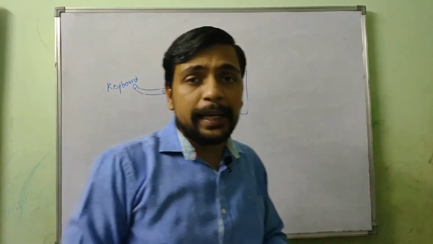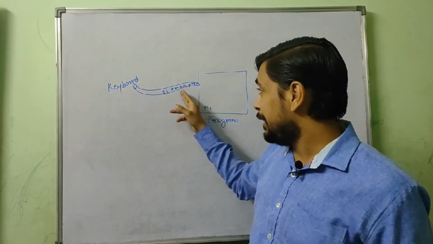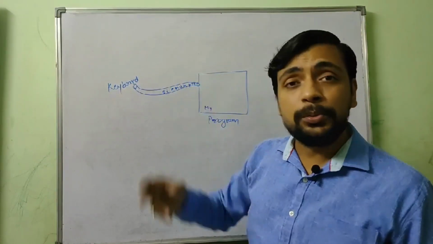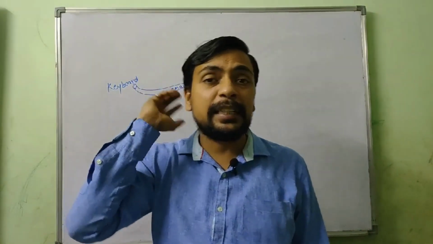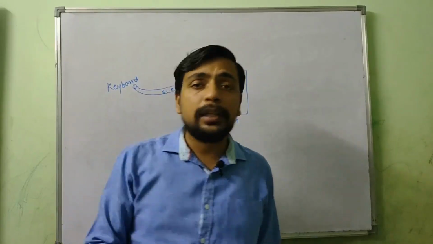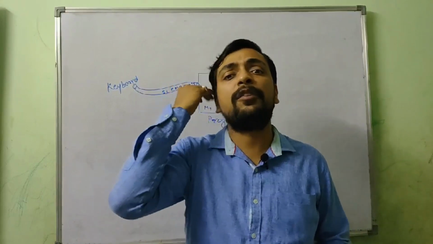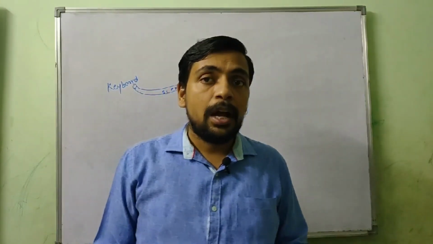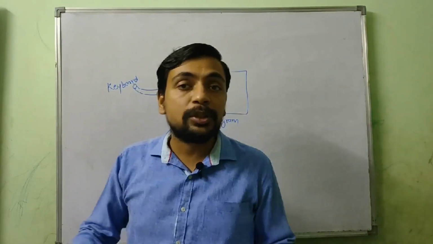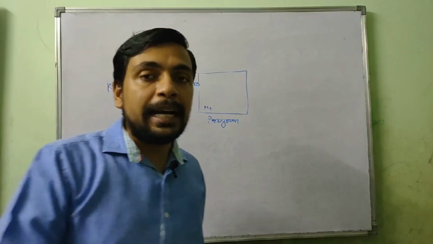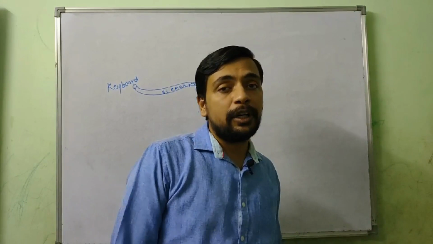If we want to accept, suppose, "my name is" only, that is 10 characters, definitely we need System.in or the InputStreamReader object to call that read method 10 times. Then only we would be able to accept 10 characters. And I don't even know in advance how many characters the user is going to enter. So in that case, accepting a collection of characters from the user would be more handy for us.